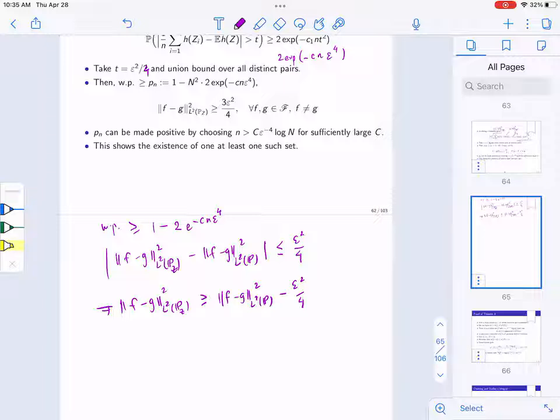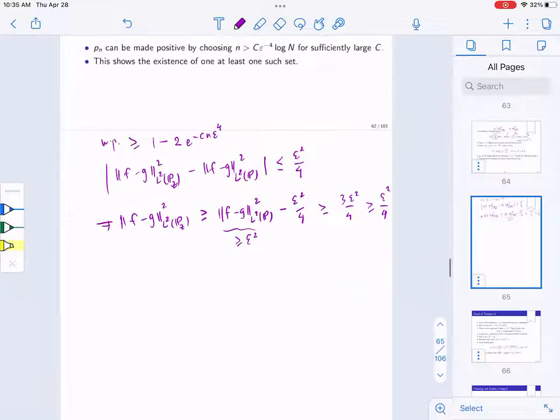Right? It's just this minus is bigger than negative epsilon over 4. And so this is bigger than epsilon squared because it's an epsilon separated set. So this would be bounded by 3 epsilon squared over 2 like that, which is definitely bounded by epsilon squared over 4.